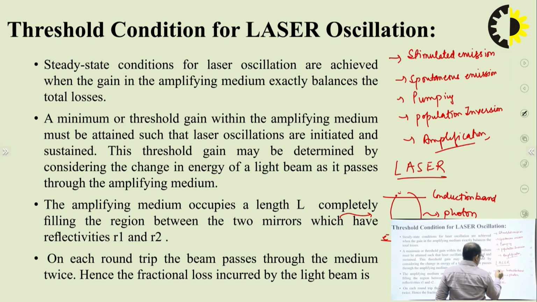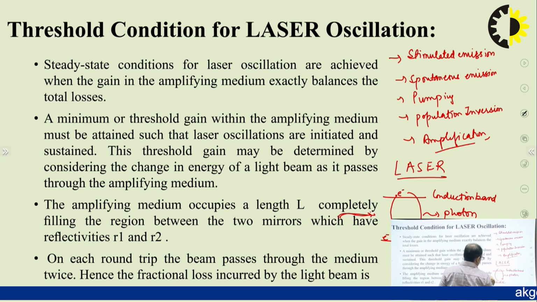Now if this electron in the conduction band is knocked out by applying another force, meaning another photon which strikes this electron, the electron goes back to the valence band.